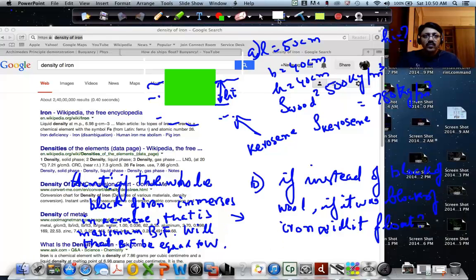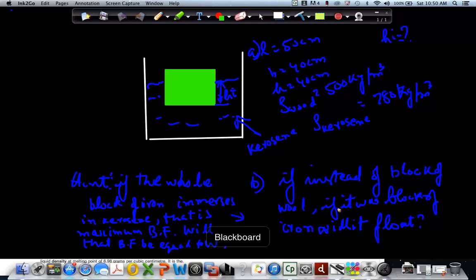So here the density of iron, rho iron, is equal to 6,980 kilogram per meter cube.